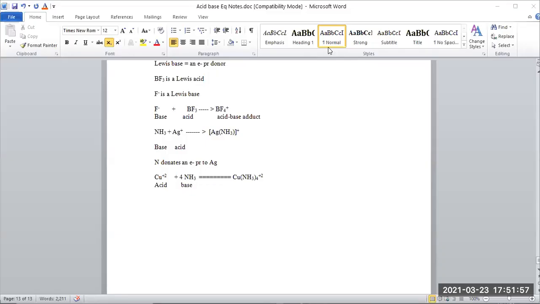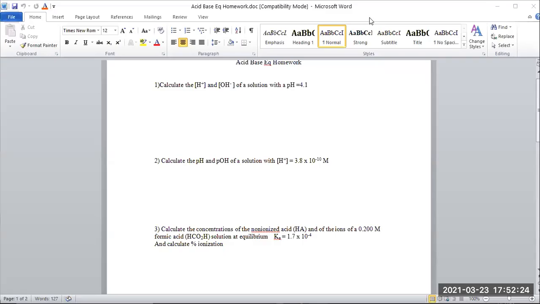So actually, let me open up my homework file and talk about that for a moment before we move on to the next chapter. All right, this is acid-base homework.